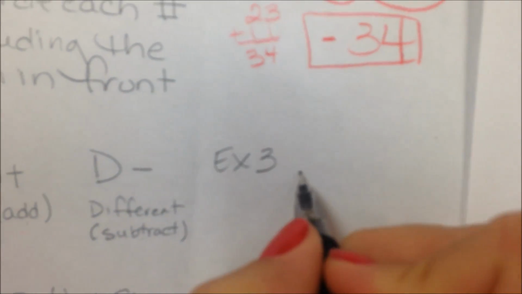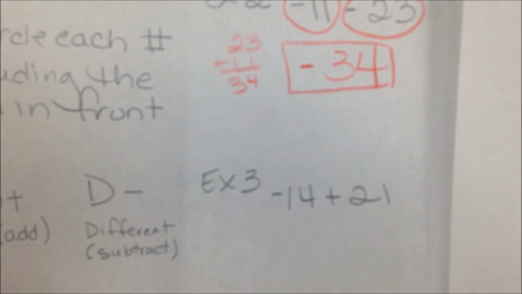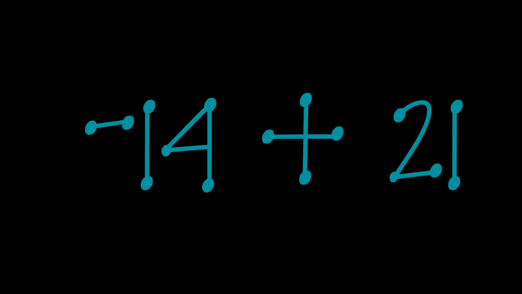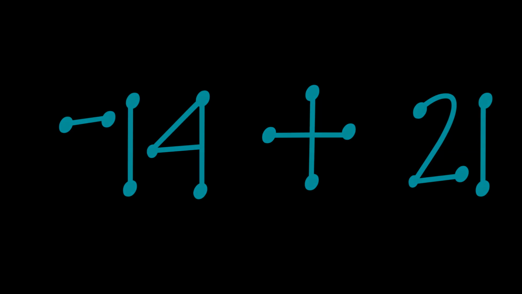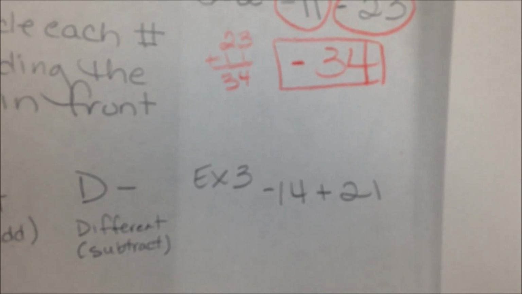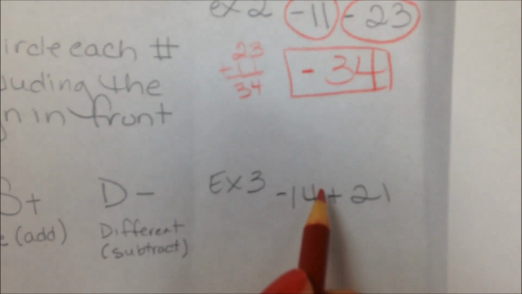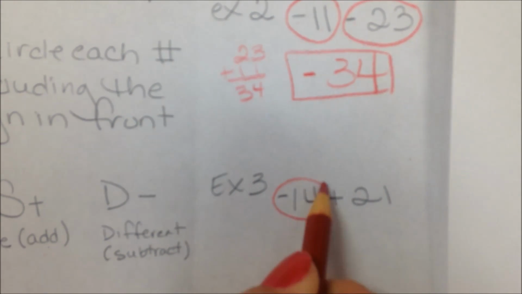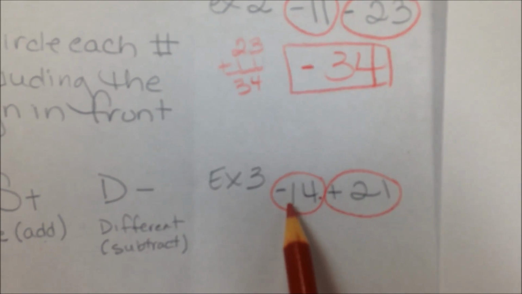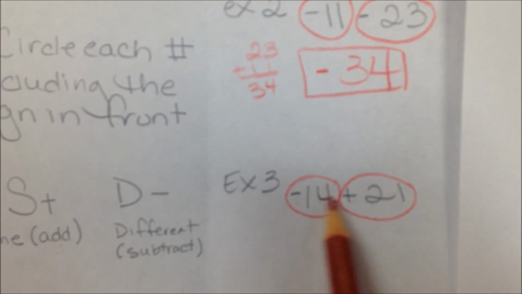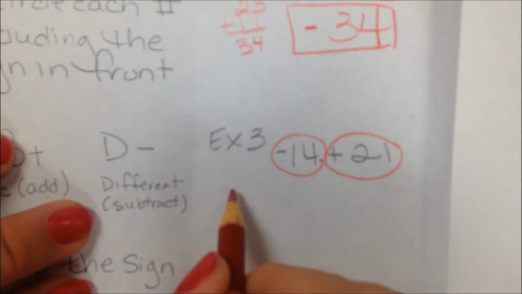So example number 3, negative 14 plus 21. I don't see that there's a negative sign and a subtraction sign together, so I'm going to go ahead and go to step 2, and I'm going to circle my numbers and the signs in front of them. This is going to be a D minus question because the signs are different, so I'm going to subtract them.